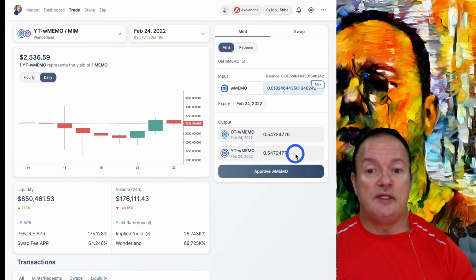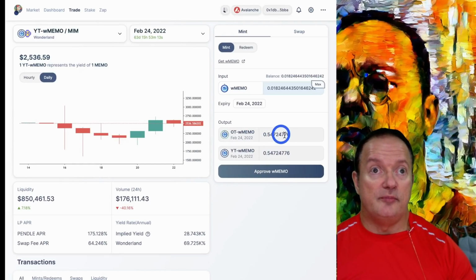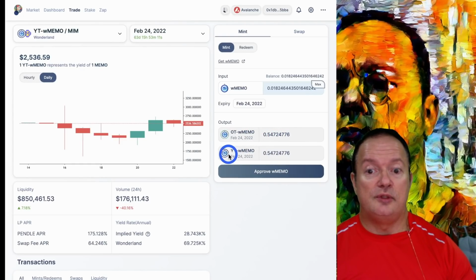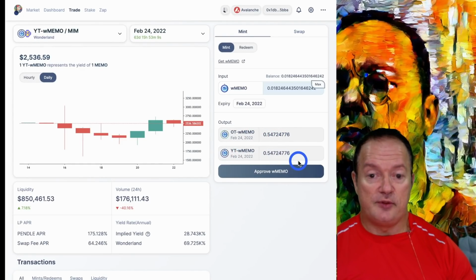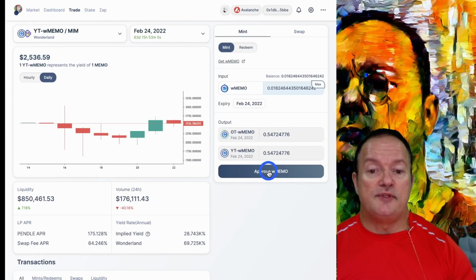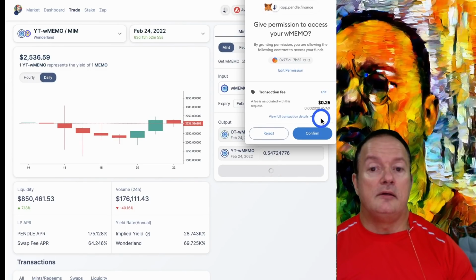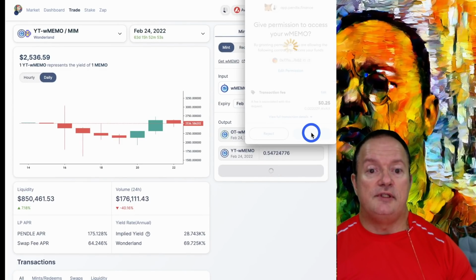Now, what we want to do is keep the YT-wMEMO to follow a strategy. And then we're going to swap this for MEM and then back into YT-wMEMOs. Okay. So let's approve this first. All right. So it's transaction fee.